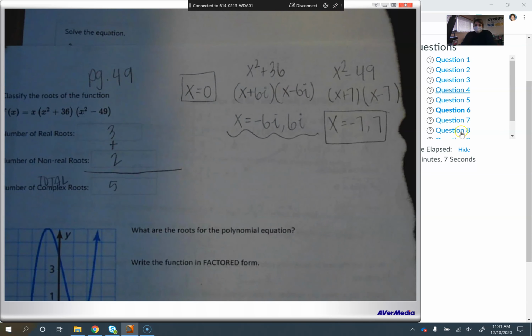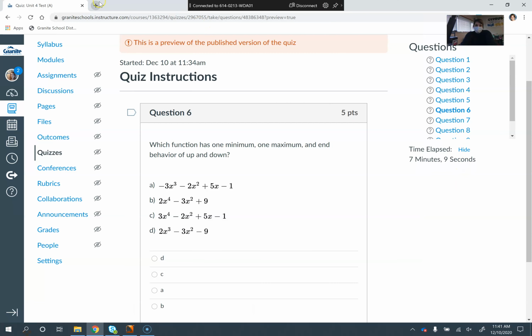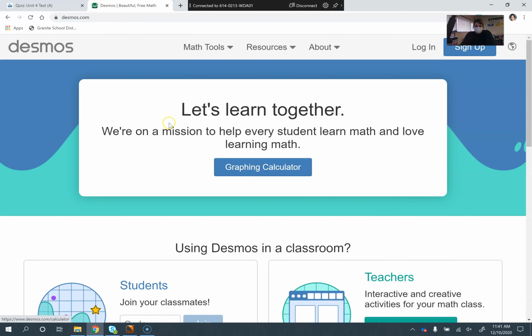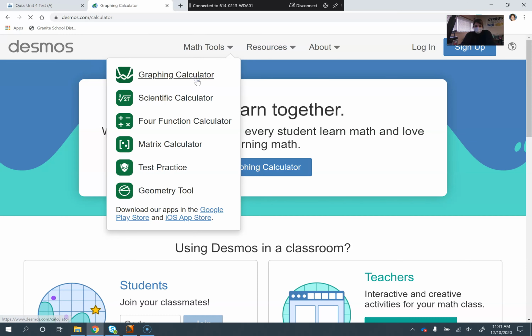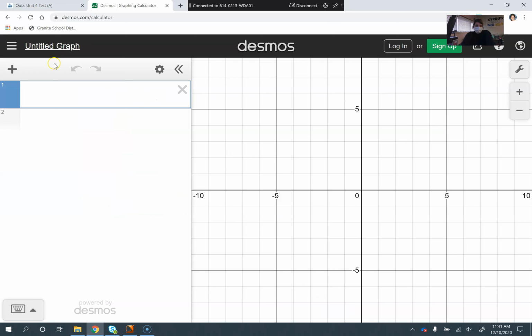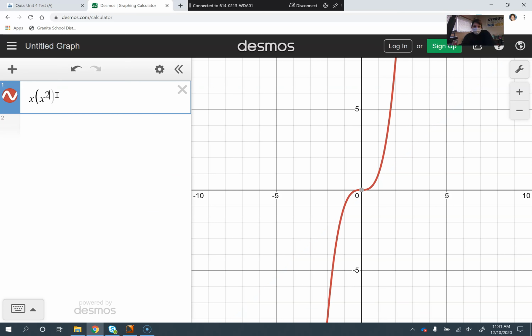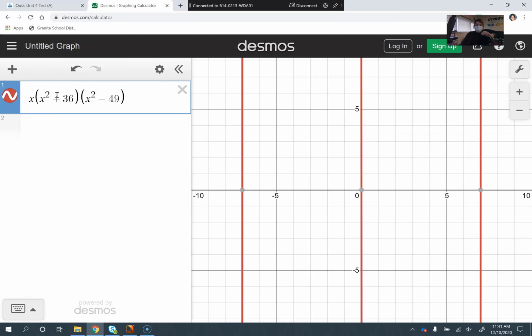So we could plug into Desmos that big thing: x squared plus 36, x squared minus 49.